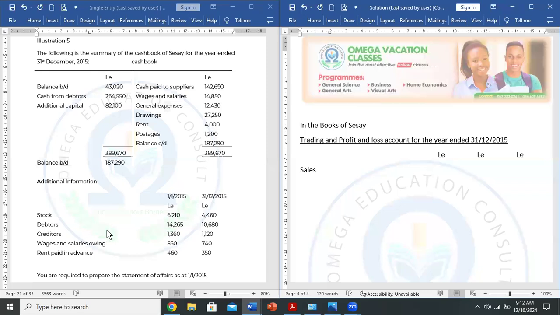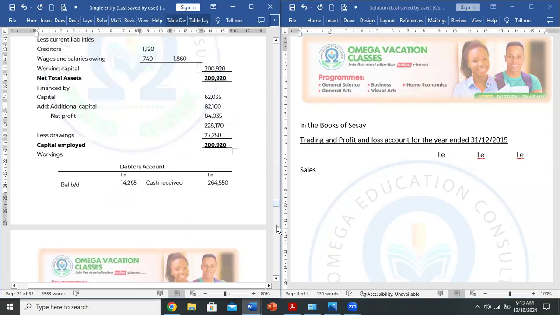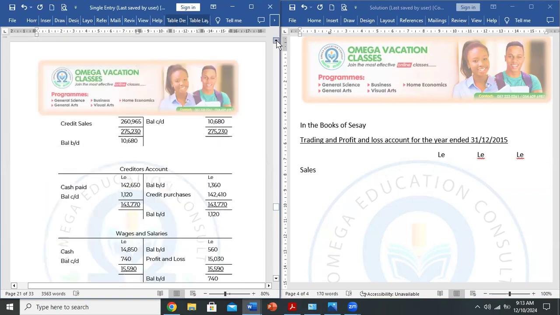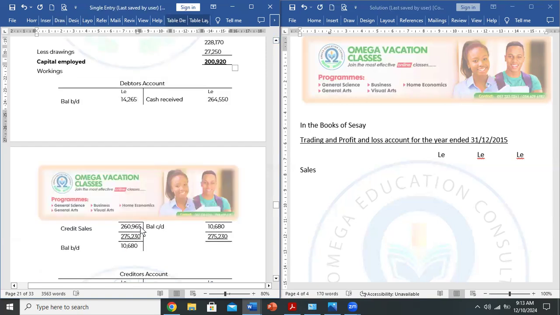So I have done my debtors account down here. So let's pick the figure of the credit sales, right? Okay, so this is the debtors account, right? You bring the opening balance, how much you receive from them, and the closing balance.